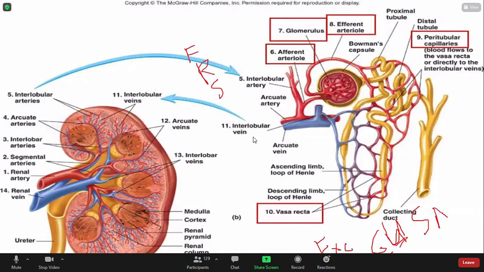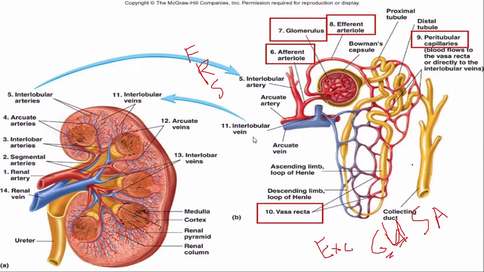I'll just add this up. When we say oncotic pressure versus osmotic pressure, what is the difference? Oncotic pressure is the pressure affected by the presence of protein in the blood, particularly the albumin. Osmotic pressure is not just the proteins, but as well the other ions in the blood.